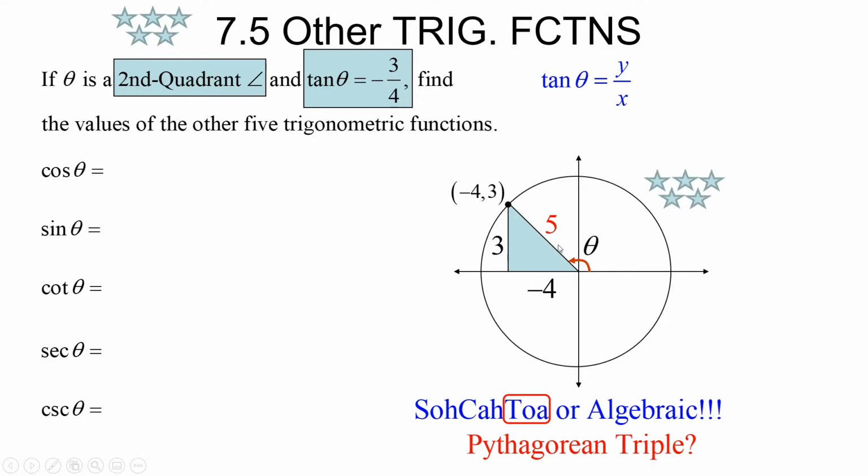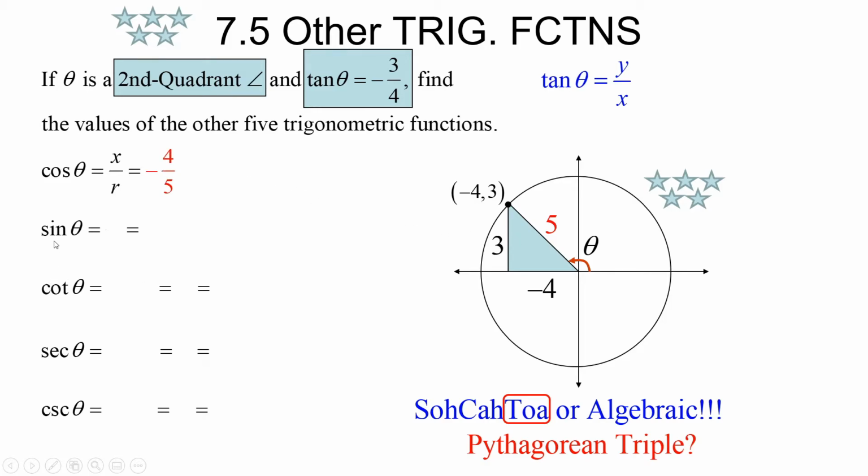So that diagram, a lot of mileage right there. So cosine of theta is algebraic definition x over r. All right, now just look at your diagram right there. X is negative 4, the radius is 5, that's negative 4/5.